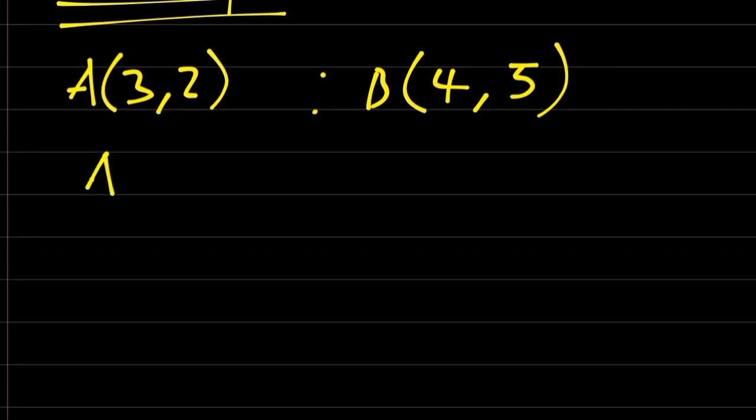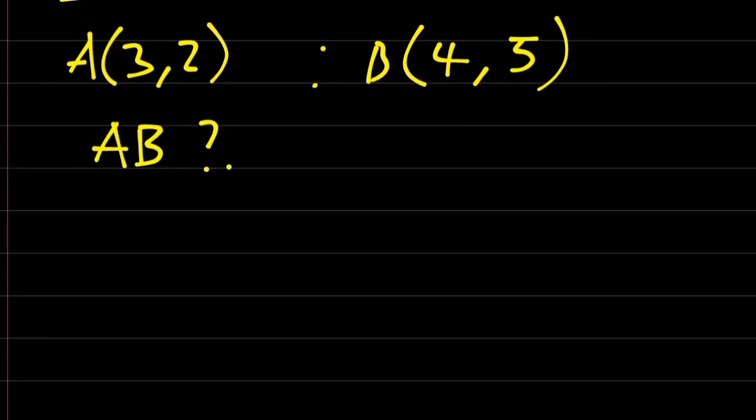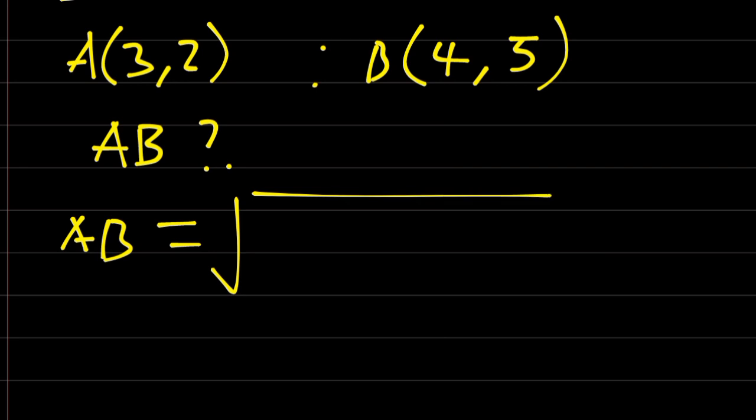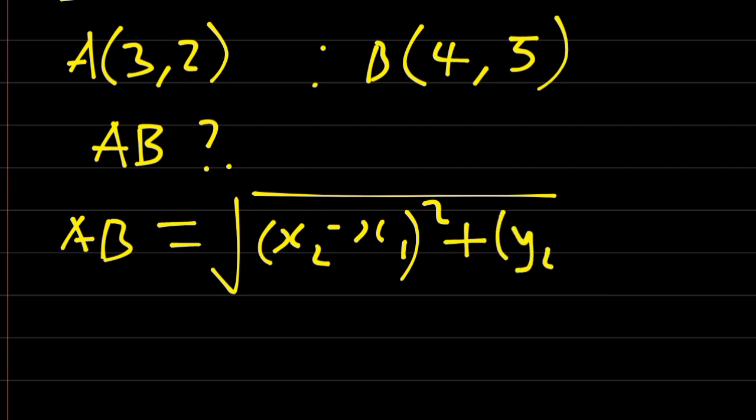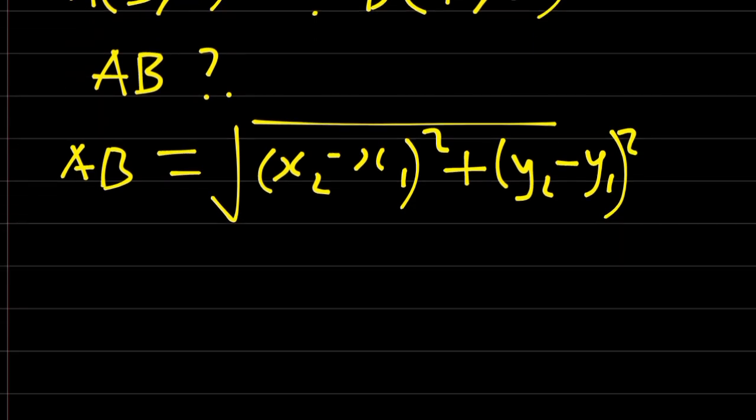Calculate the distance between A and B. According to our formula, the distance between 2 points is given by the square root of x2 minus x1 squared, then plus y2 minus y1 squared. Once you know your formula, you are good to go.